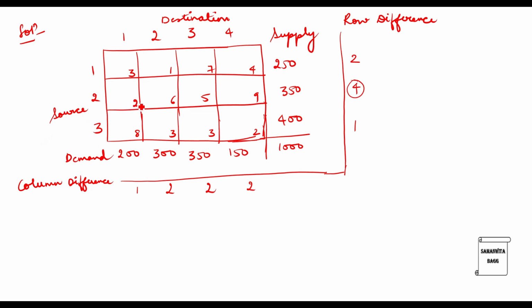So, 2 will get the first allocation. Read its corresponding supply and demand value, 200, 350. So, I can allocate only 200 here. This becomes 0. This becomes 150. Now, since this has become 0, I will cancel the corresponding column. Now, this first calculation is over.